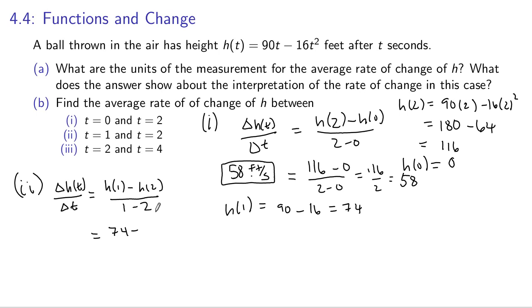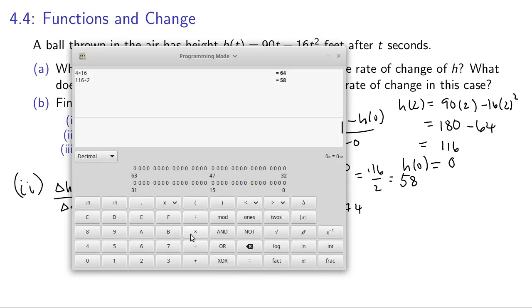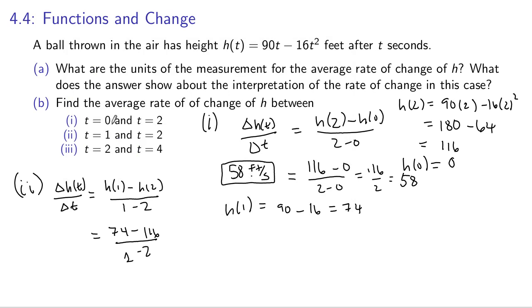H of 2 was 116, over 1 minus 2. 74 minus 116, grab our calculator, negative 42. 1 minus 2 is negative 1. So the average rate of change will be 42 feet per second.